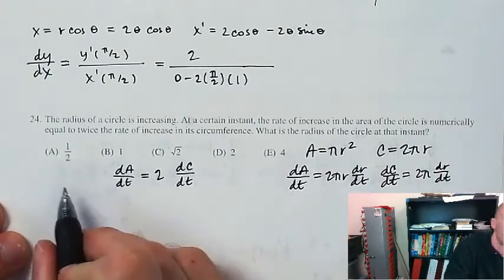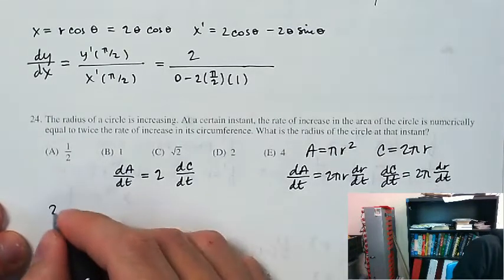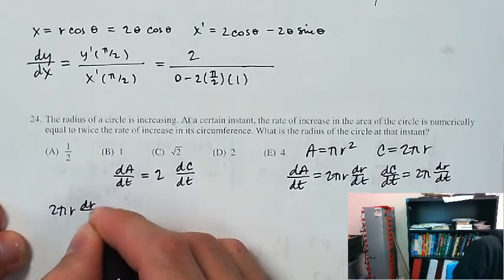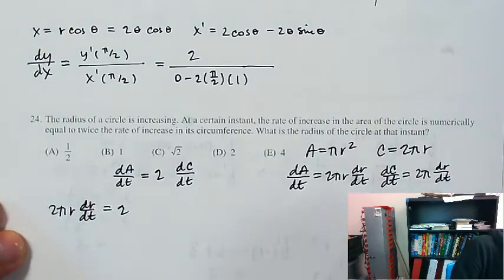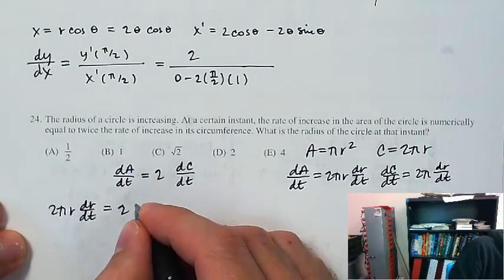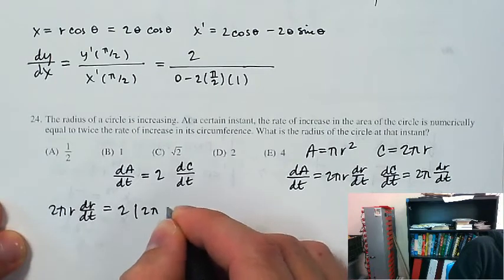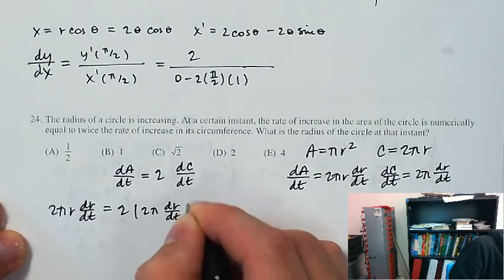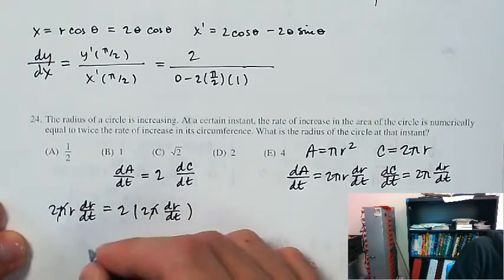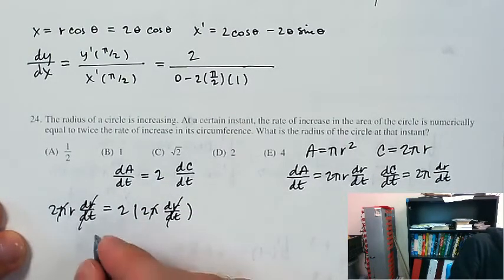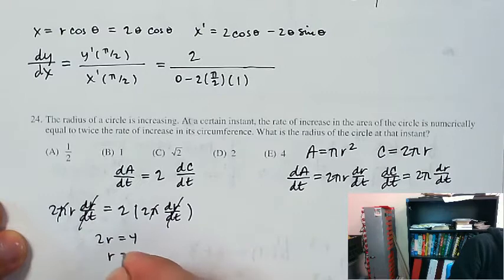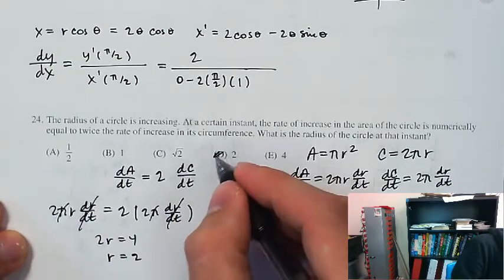Now I'm going to substitute back over here, dA dt is 2 times dc dt. Okay, I'm going to divide by pi. I'm going to divide by dr dt, and I'm going to say 2r equals 4. So that would be r equals 2.